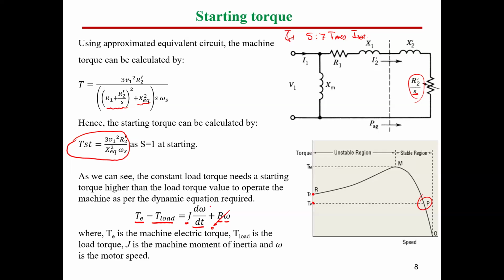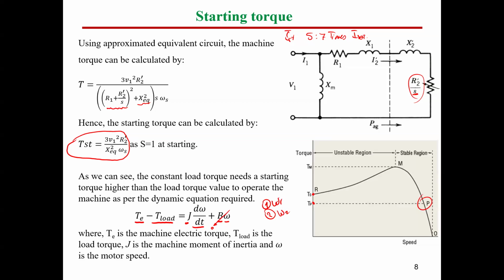If T electric equals T load, this term equals zero, which means the rate of change of speed is going to be zero. So if omega 1 is zero, which is the standstill, then omega 2 is going to be zero as well. I'm comparing like if I have 2 points, point 1 and point 2, and getting the d omega by dt between them. So I have omega 1 and omega 2, and I would like to get d omega by dt.